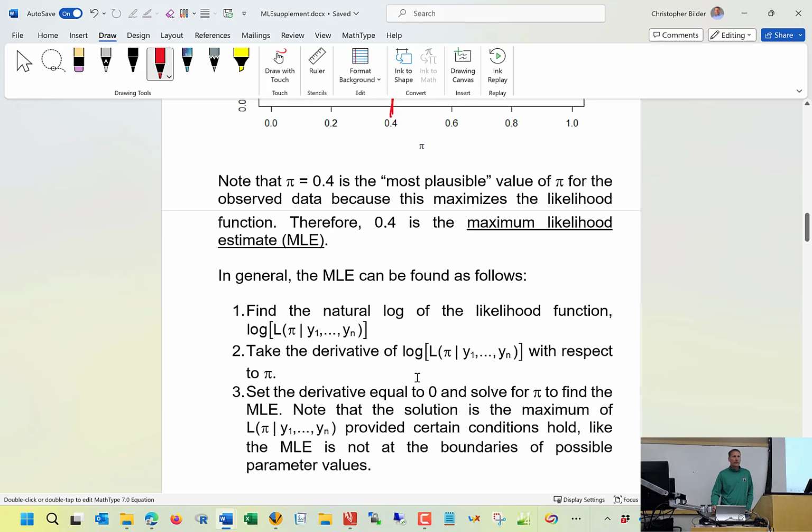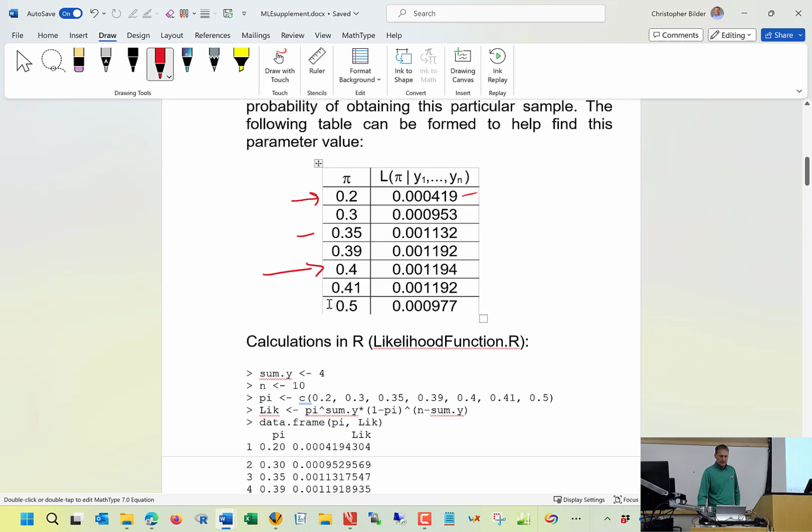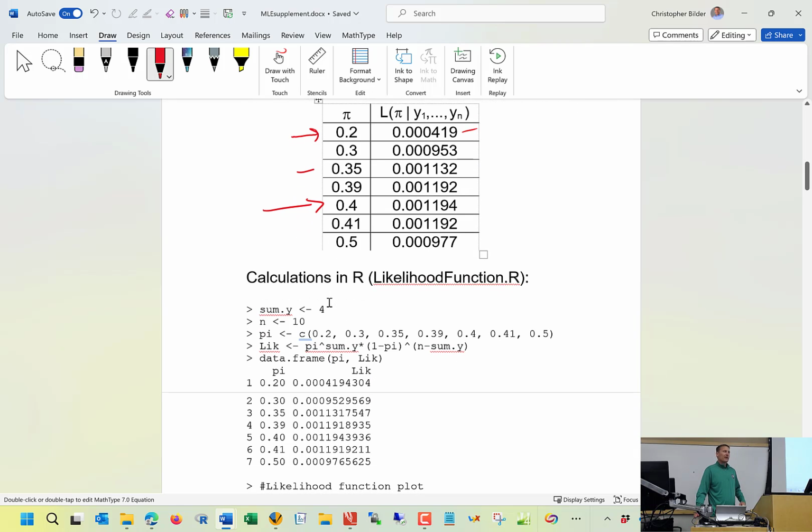Did you calculate this with R, not by hand? In the end, I did, yes.